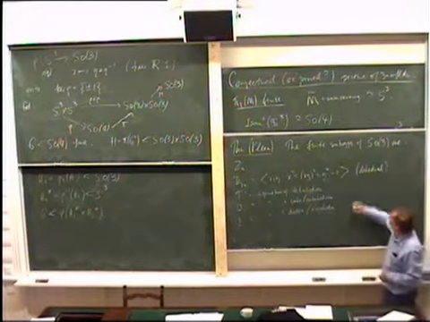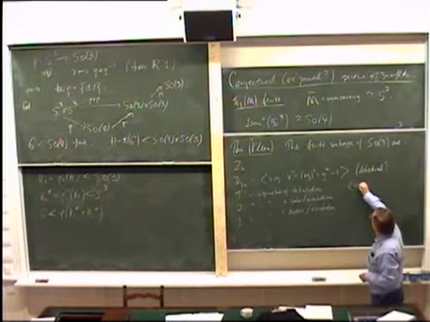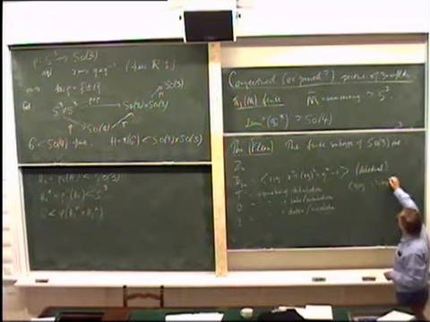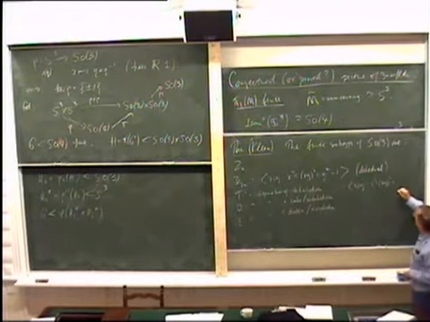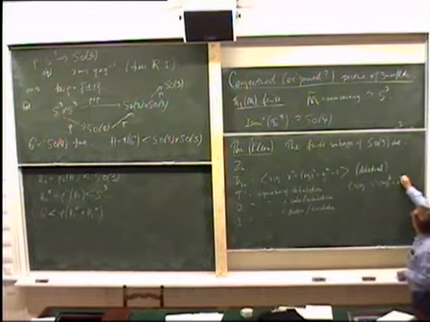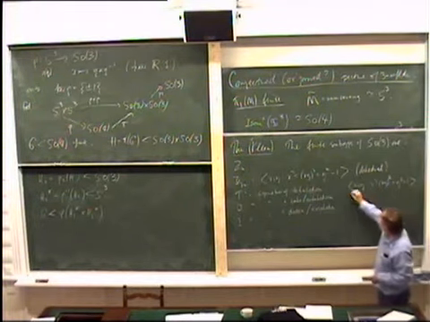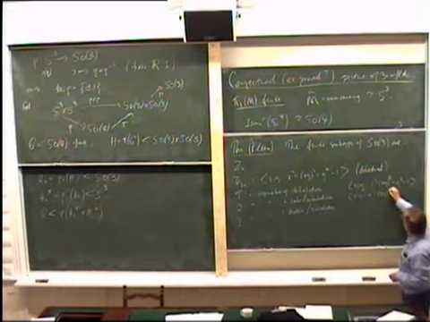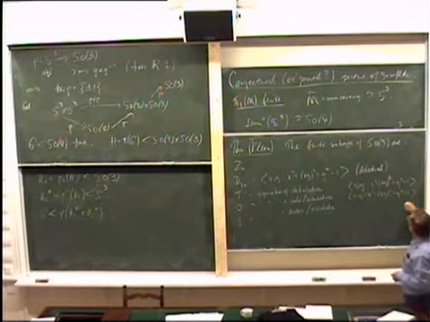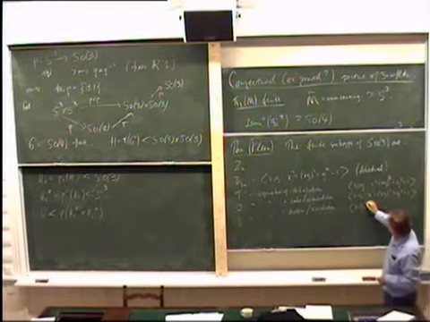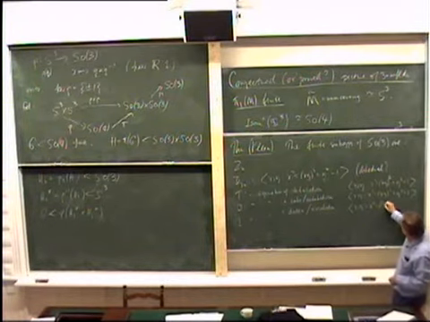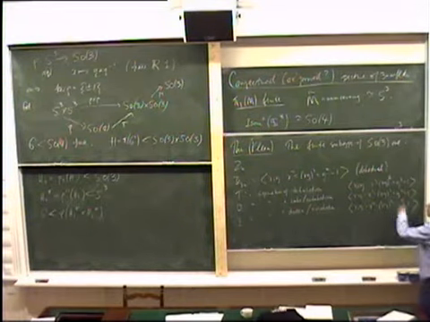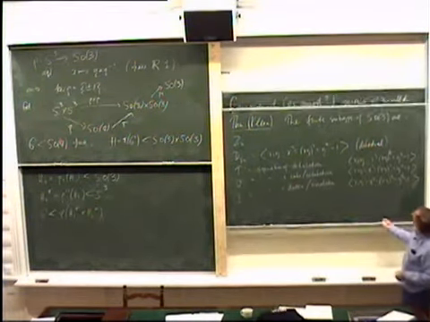And so again, let me remind you that these groups have presentations of the following form. They correspond to these three triples: 2, 3, 3; 2, 3, 4; 2, 3, 5.